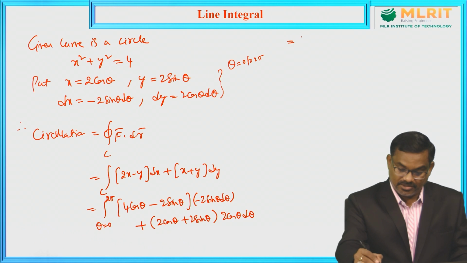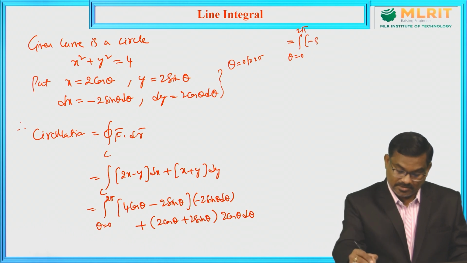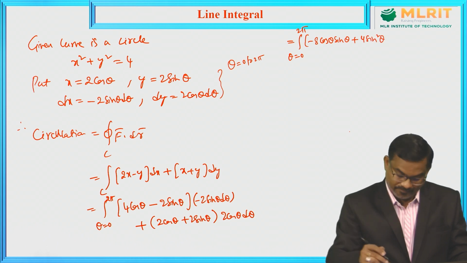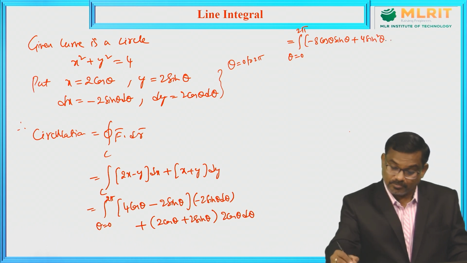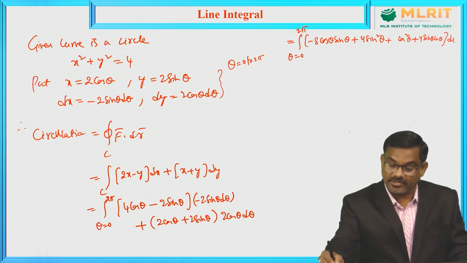That is equal to theta from 0 to 2 pi, first minus 8 cos theta sin theta plus 4 sin square theta, and here 2 into 2 plus 4 cos square theta and 2 into 2, 4 sin theta cos theta, d theta common.